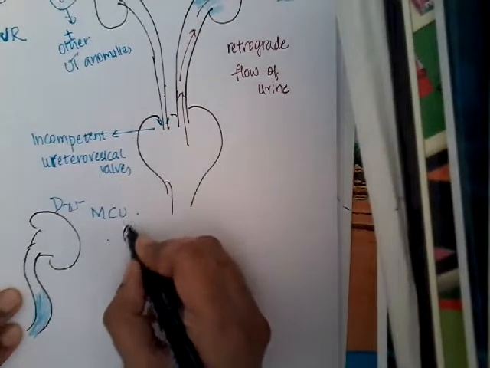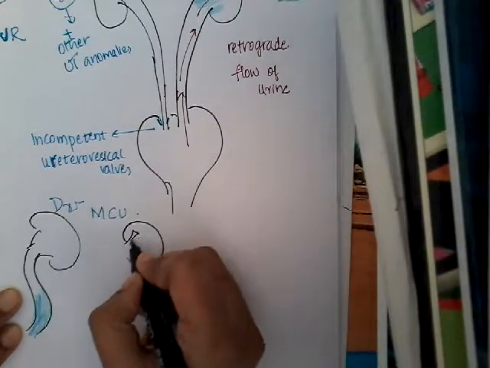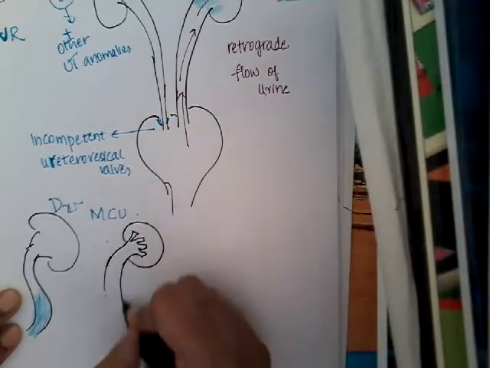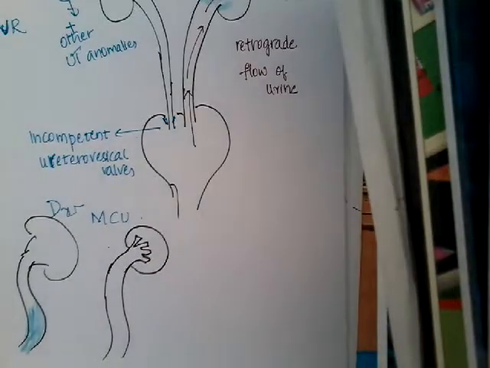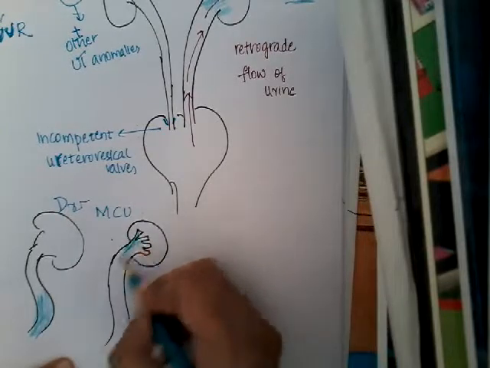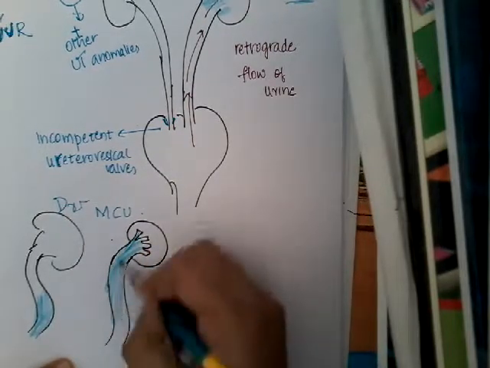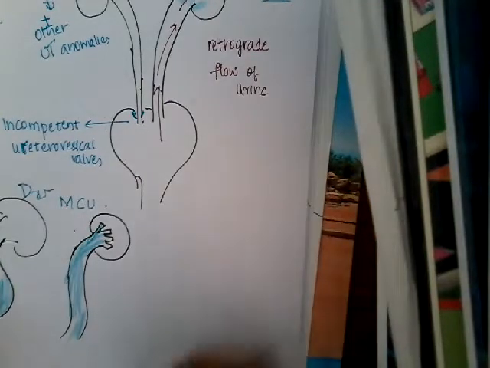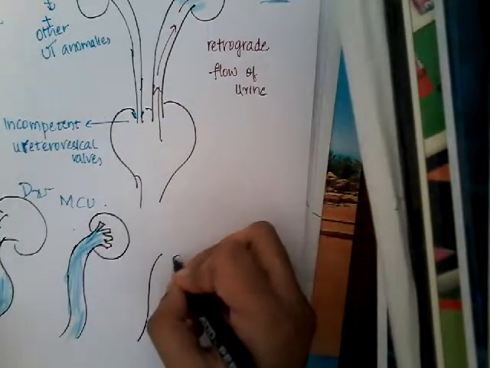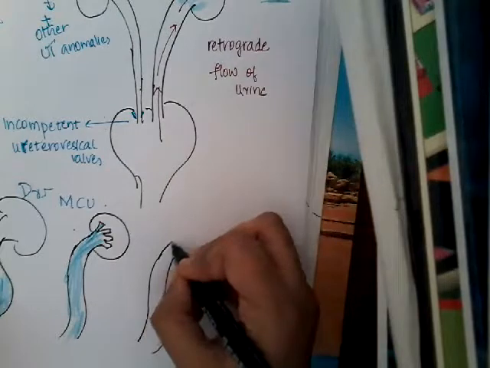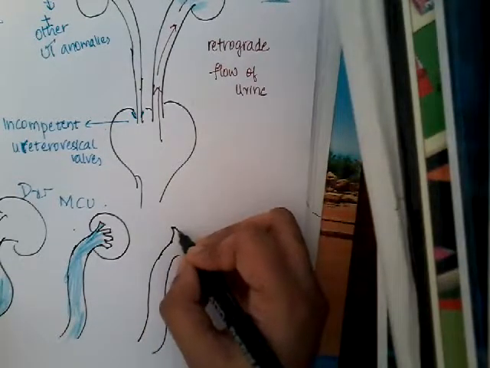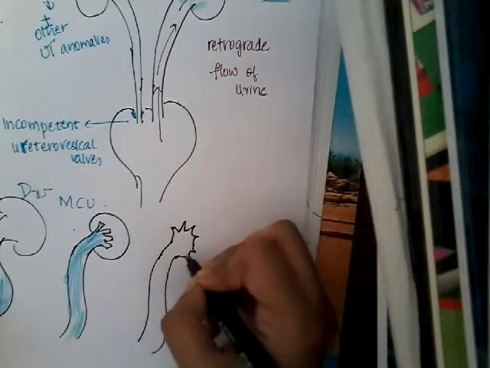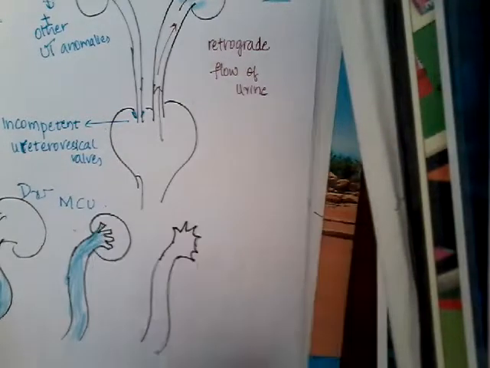Okay. In the second grade, the vesico-ureteral reflux has reached the renal pelvis. The urine has extended up to the renal pelvis. So this is the second grade. In the third grade, the reflux has extended to the kidney and there is mild dilatation of the pelvis, but there is no blunting of the calyces.